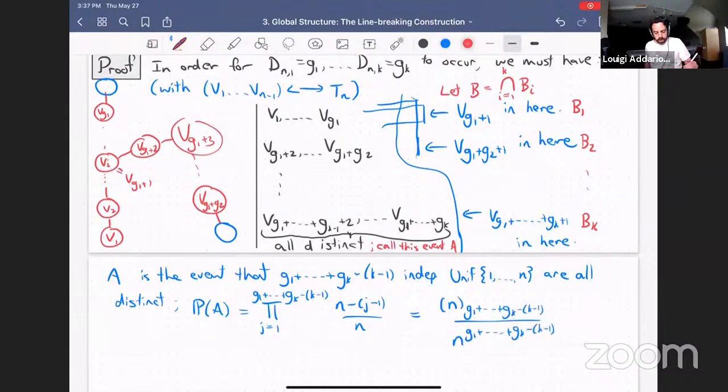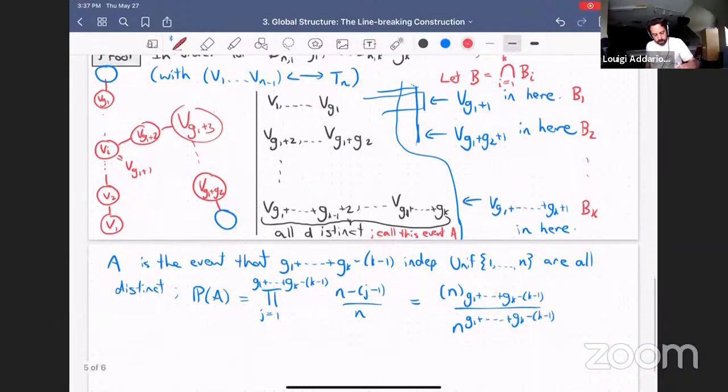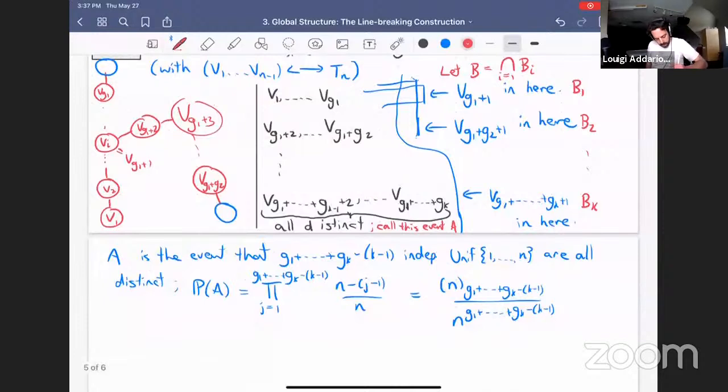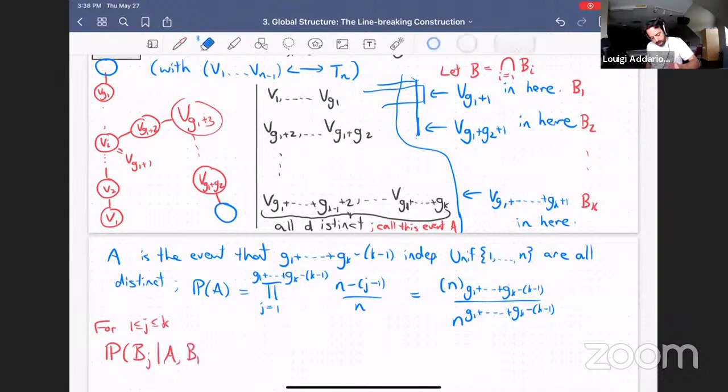And now, how are we going to compute the probability of A intersection B? Well, let's again use Bayes and think about the probability of Bj. So for j from 1 to k, what's the probability of Bj given that A occurs and B1 up to Bj minus 1 have all already occurred?